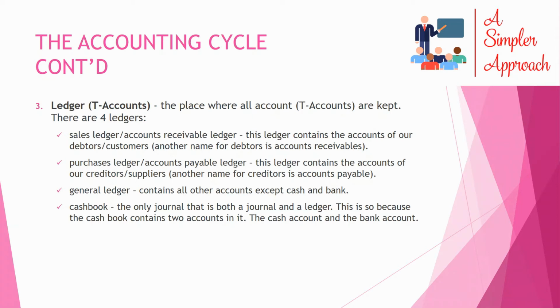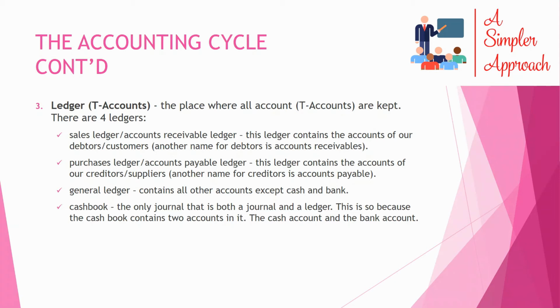The purchases ledger contains the T accounts of the persons that we buy goods on credit from, our creditors or our suppliers. The general ledger has all other accounts except the cash account and the bank account. And the cash book contains the cash account and the bank account.